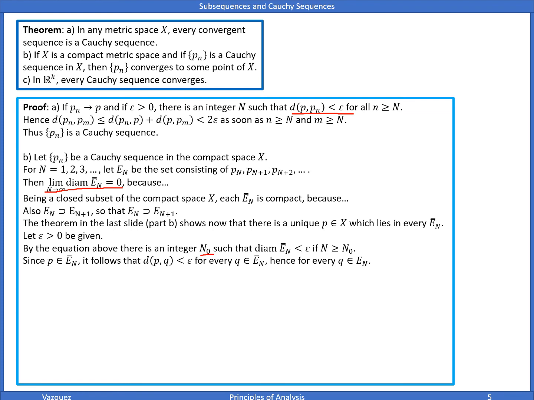And since P is in the closure of E sub n, it follows that the distance between P and Q is less than epsilon for every Q in the closure of E sub n, therefore for Q in E sub n. In other words, the distance between P and P sub n is less than epsilon if n is greater than or equal to n sub naught, which tells us that it indeed converges. So what does it say? Well, it says precisely that P sub n converges to P.